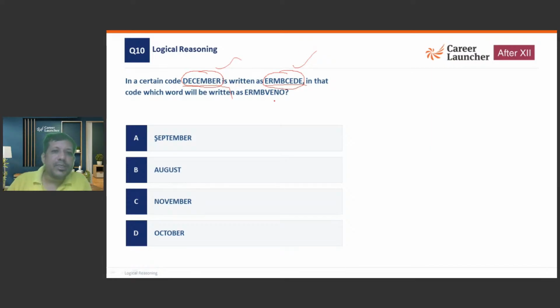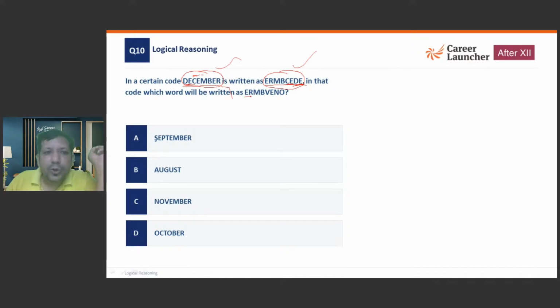So I am not even trying to find what the order is. Generally, if you look at the order, DE is written here, then CE is written here, and two pairs are written from the backwards. So I'm not even going to worry about it.